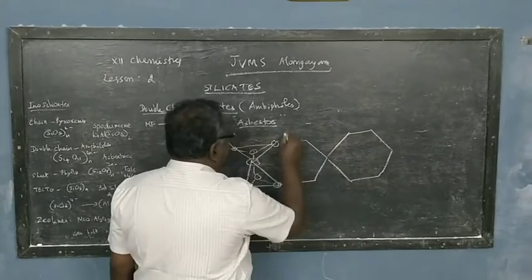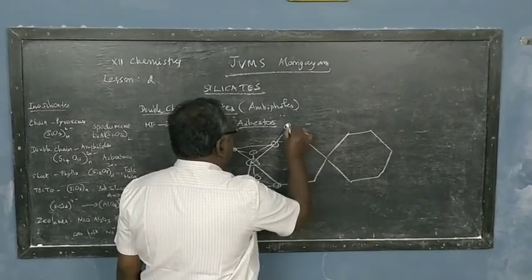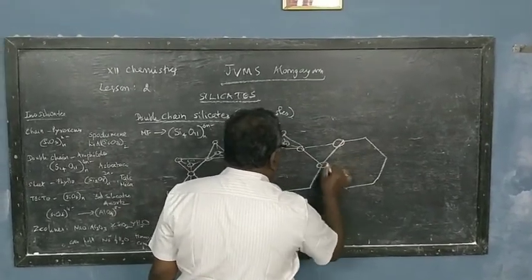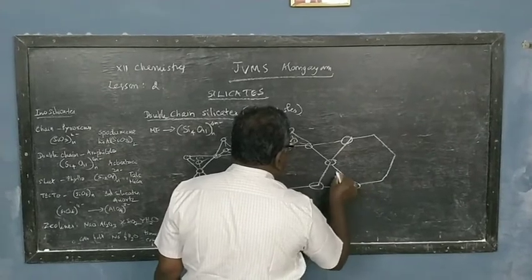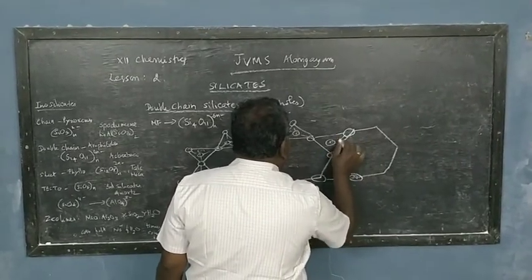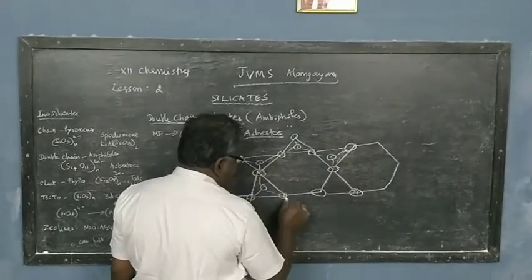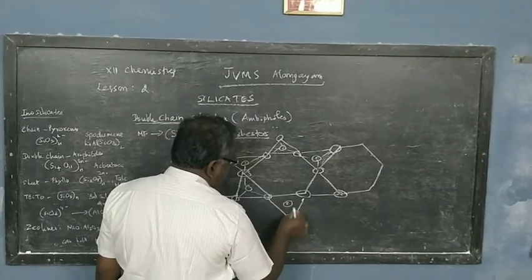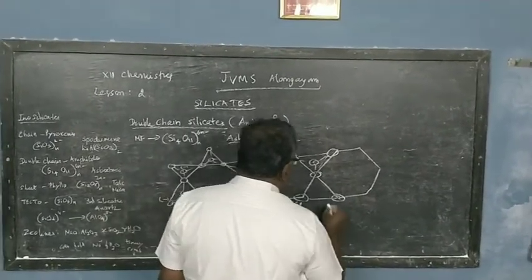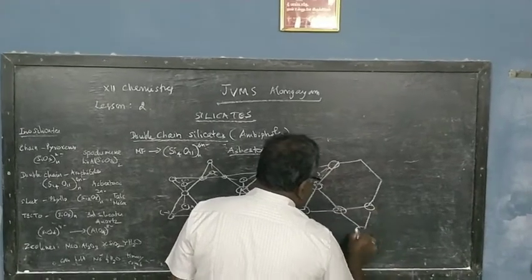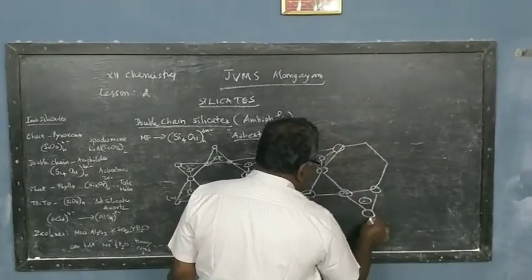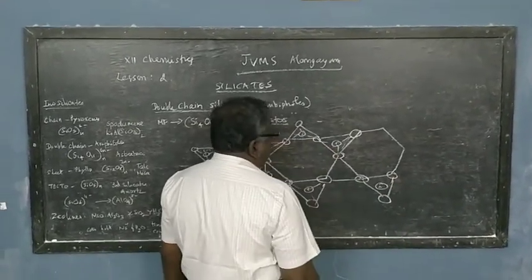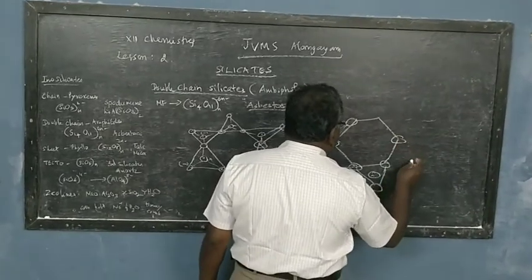And it continues here again. So each tetrahedral unit is being shared by two oxygens. Two oxygens will be sharing this.